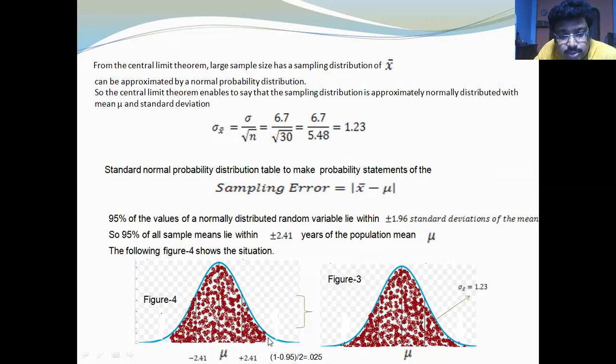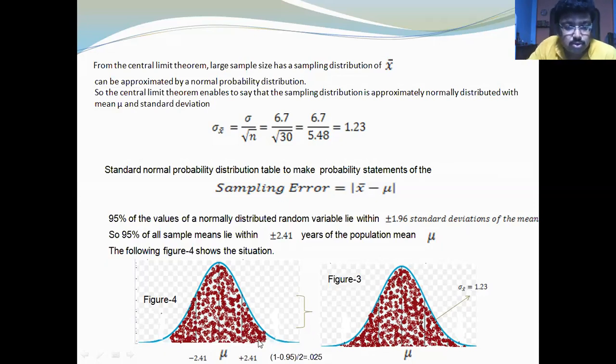So actually this is 0.025. The value of alpha by 2 is equal to 0.025.